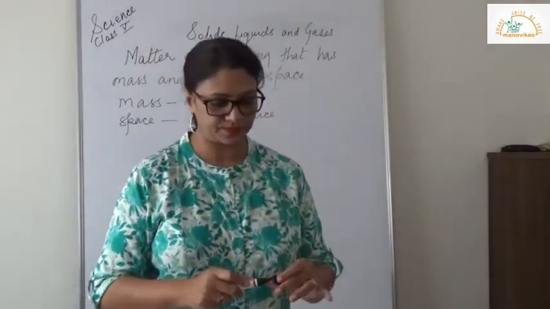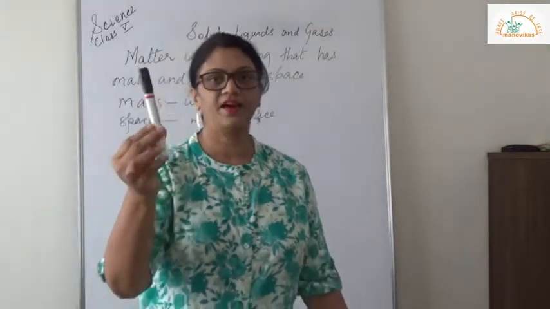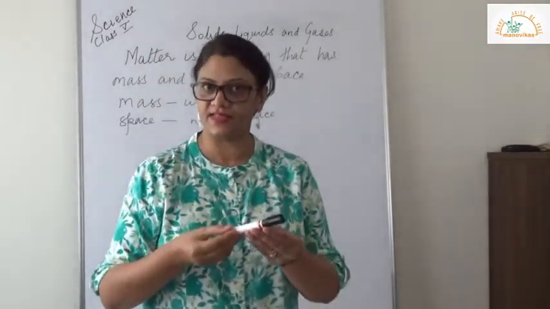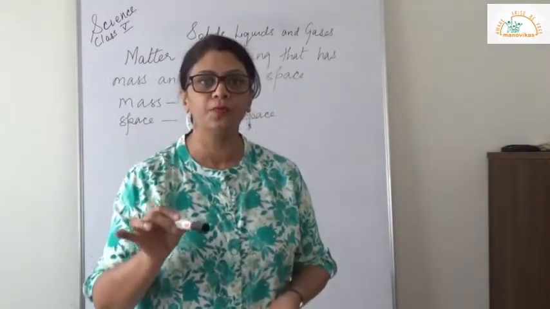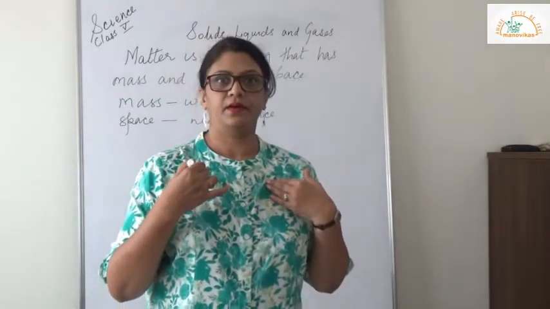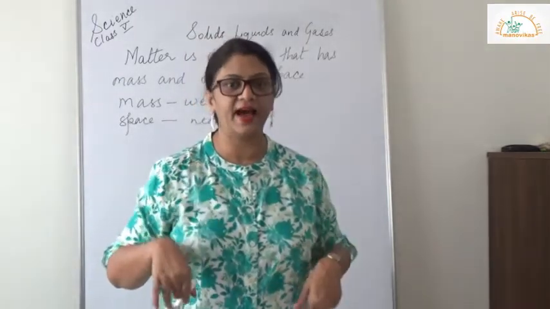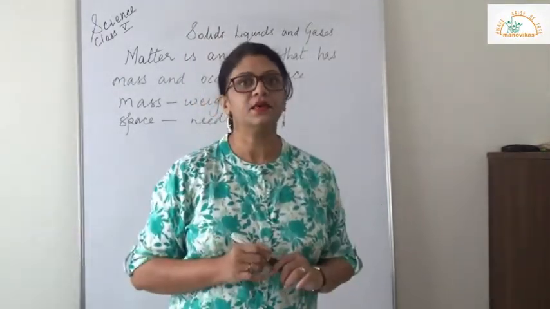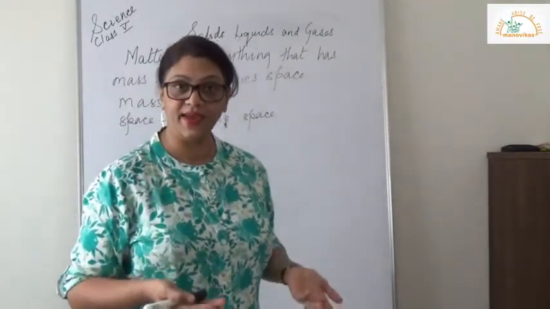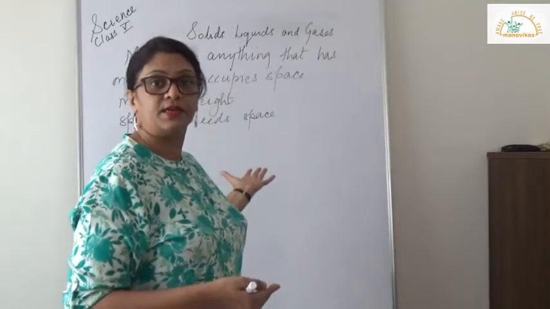For example, I have this pen. This is matter. Why? It has weight and it occupies place. I am matter. Why? I have weight and I occupy this place. This whiteboard is matter. It has weight and occupies space.